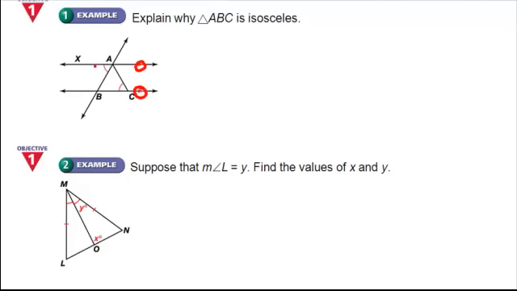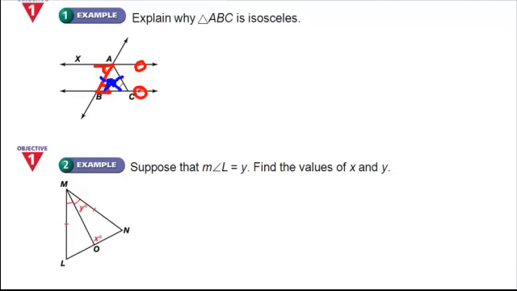And don't forget about our alternate interior angle theorem. Our alternate interior angle theorem tells us if we have parallel lines, which we do, then alternate interior angles are congruent. So because this was marked with one arc mark, this is also marked with one arc mark. So why is this triangle isosceles? Because the base angles are congruent, making automatically these sides congruent.